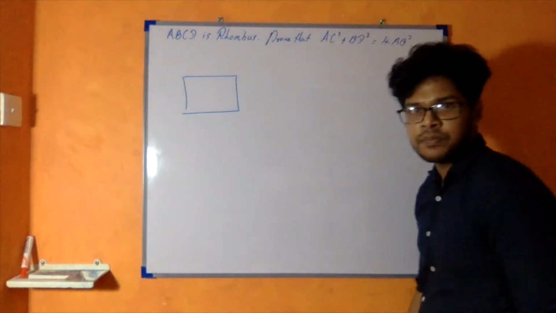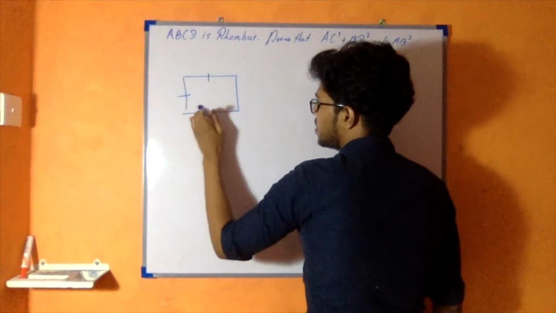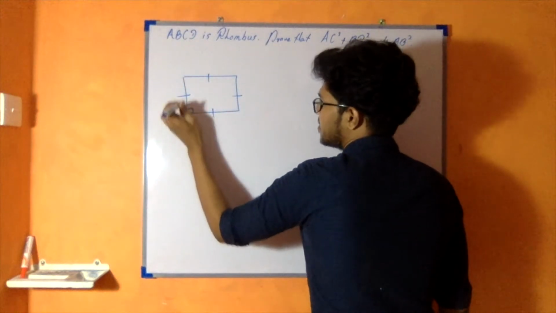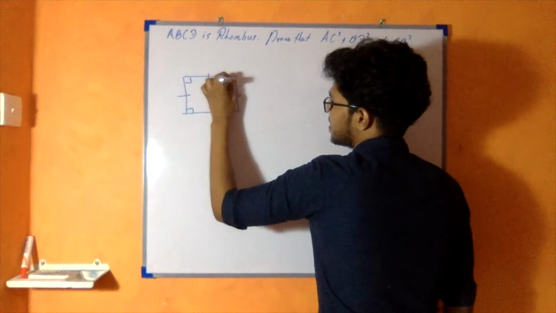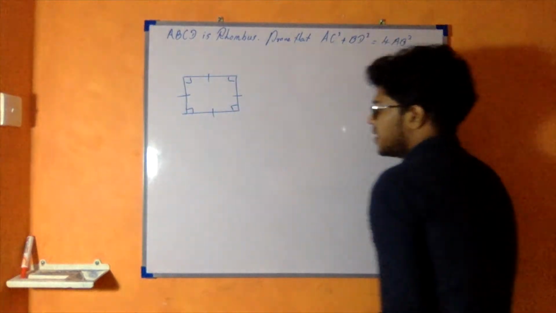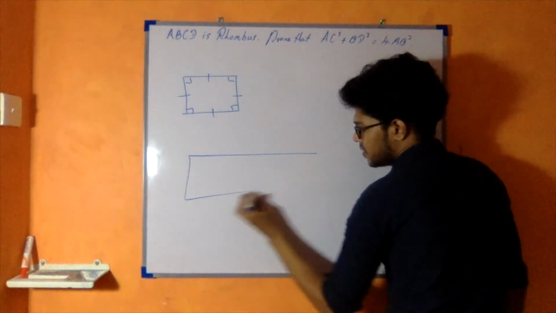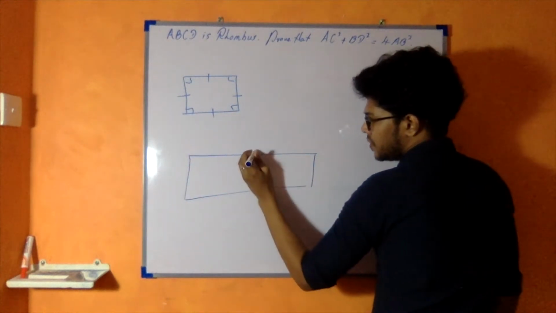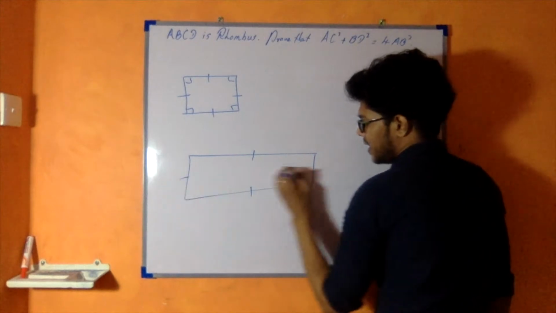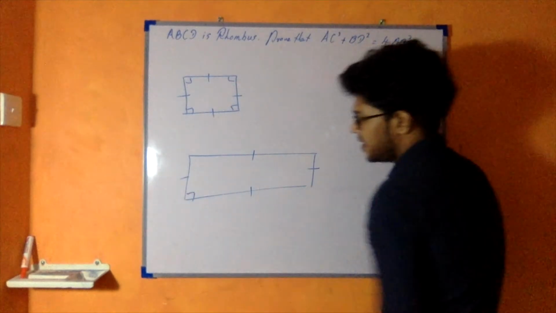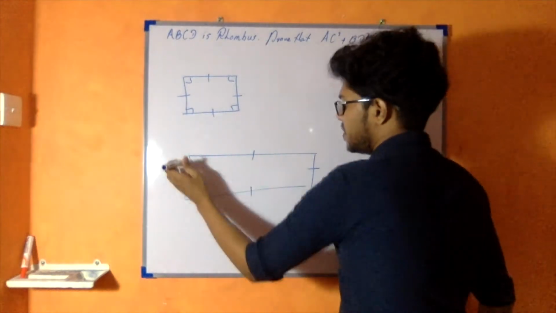In a square, all the sides are equal and make 90 degrees to each other, so all these angles will be 90 degrees. Then we have the rectangle. In a rectangle, opposite sides are equal in length, and all the angles will be 90 degrees.